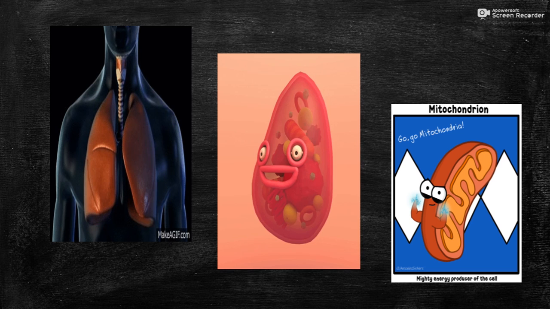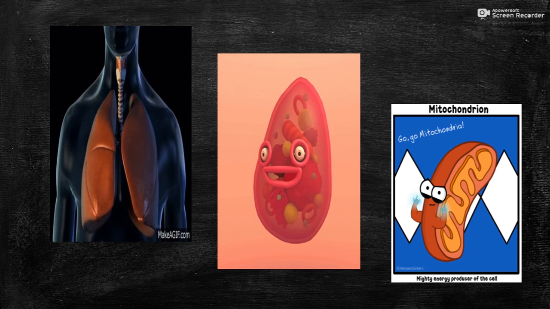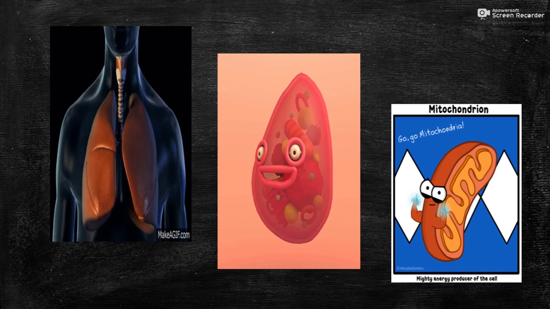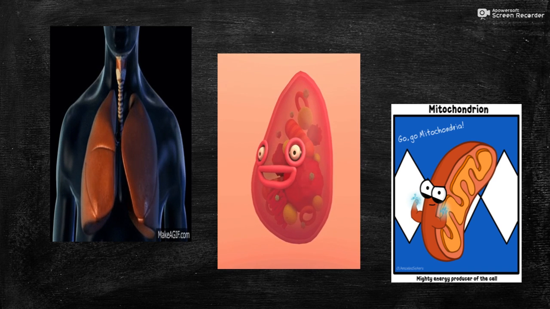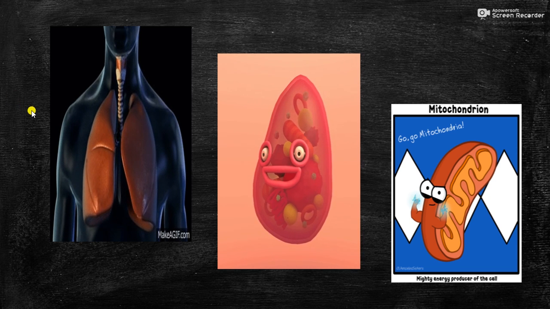So what happens to this gas when it enters into our body? When oxygen enters into our body, along with oxygen maybe carbon dioxide will also be there, but oxygen will be taken in at cellular level. This oxygen will be used up by the cell, especially by an organelle called mitochondria.